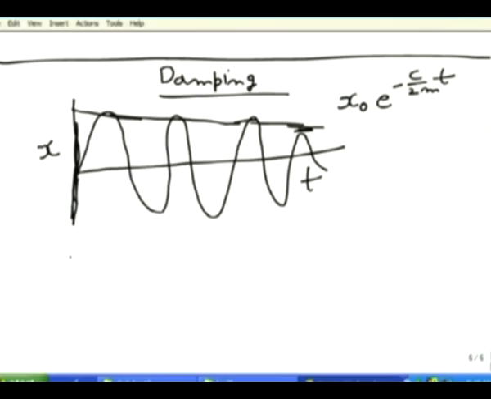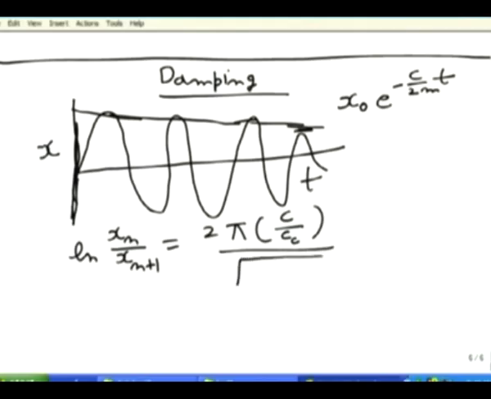One can take the natural logarithm of the ratio between the amplitudes xn divided by xn plus 1, that is equal to 2 pi. It can be easily shown that it is equal to 2 pi c by cc, where cc is the critical damping, divided by square root of 1 minus c by cc whole square.